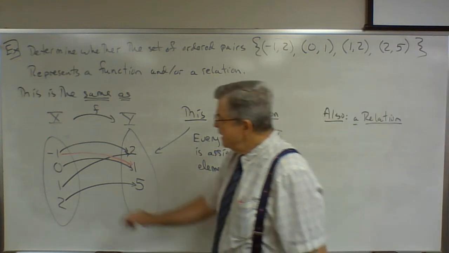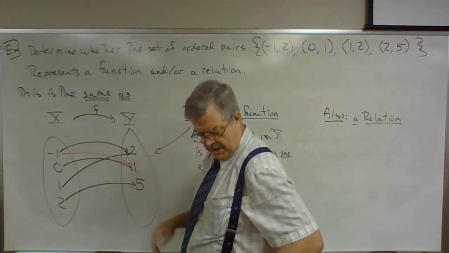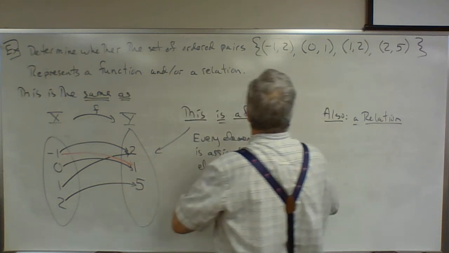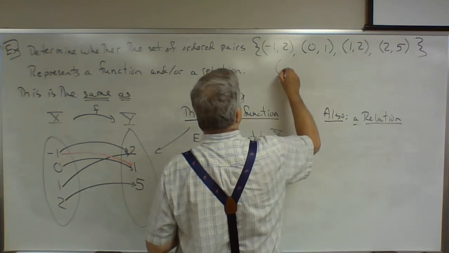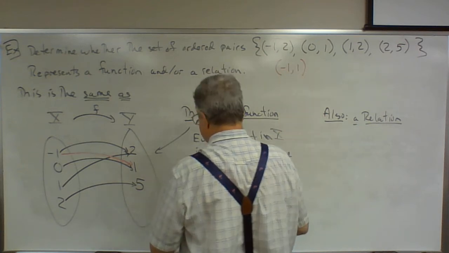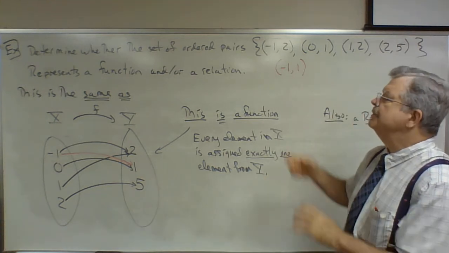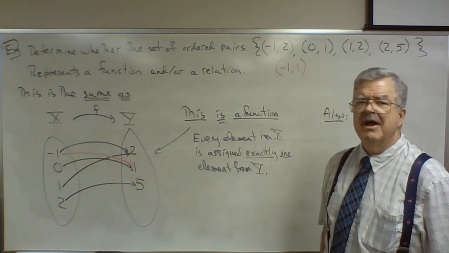Let's see, wouldn't we have -1 for X and +1 for Y? We'd have another ordered pair here, -1, 1. And how would that tell us that this is not a function?